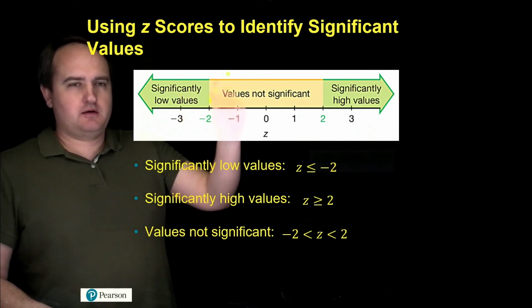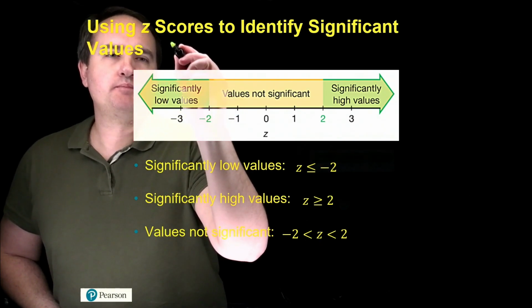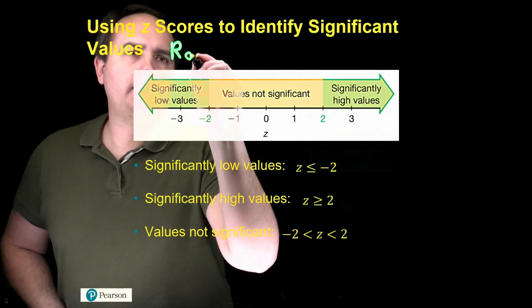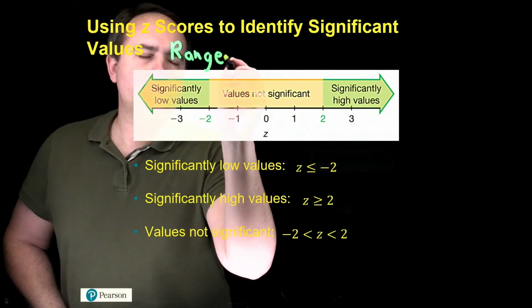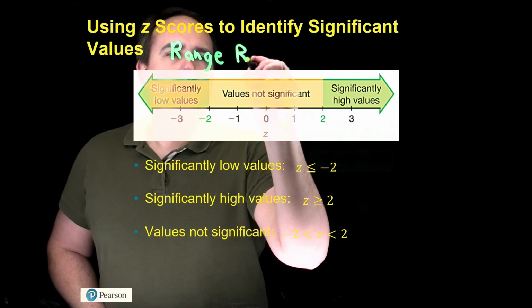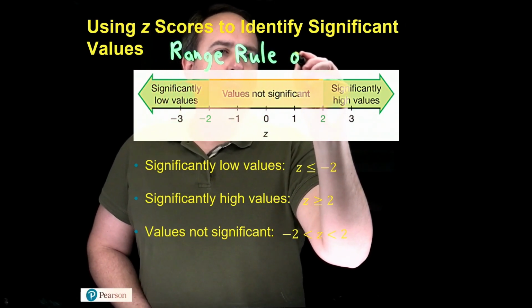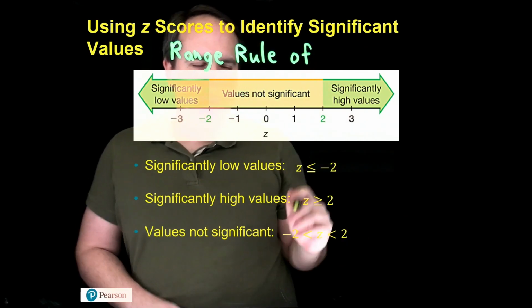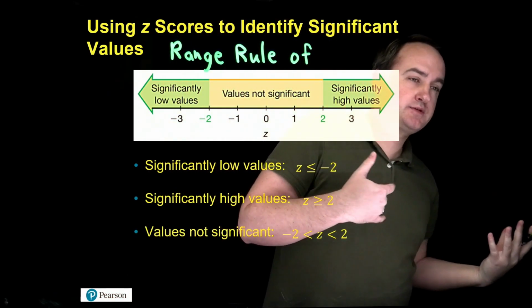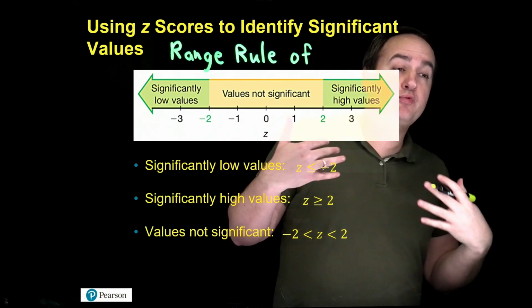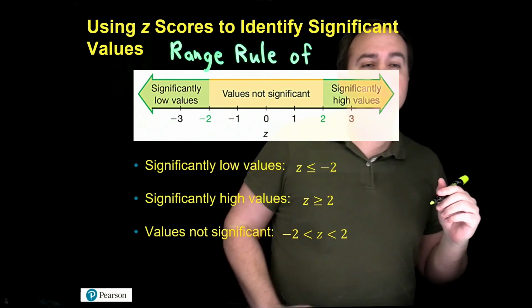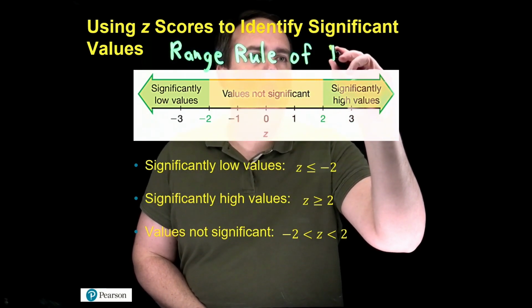So this right here is the range rule of thumb, but it's stated for z-scores. So we did do this in a previous video, actually the section before 3.3, in 3.2. We learned about the range rule of thumb.